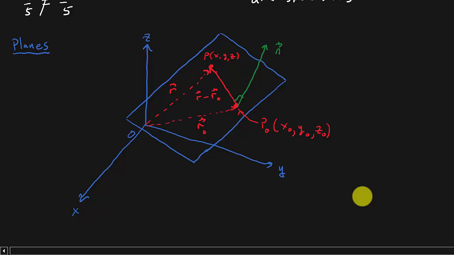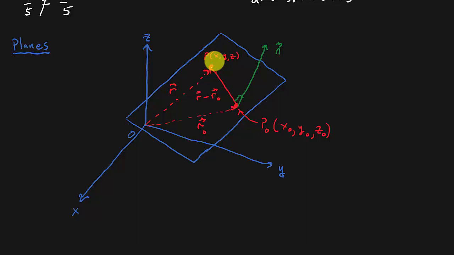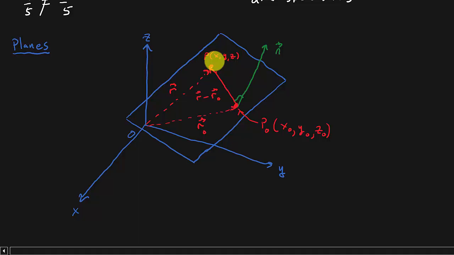Okay, so let's suppose that we have 2 points, see this, P0 and P. They're points in the plane. And if I draw a vector N that's perpendicular to the plane at this point P0.